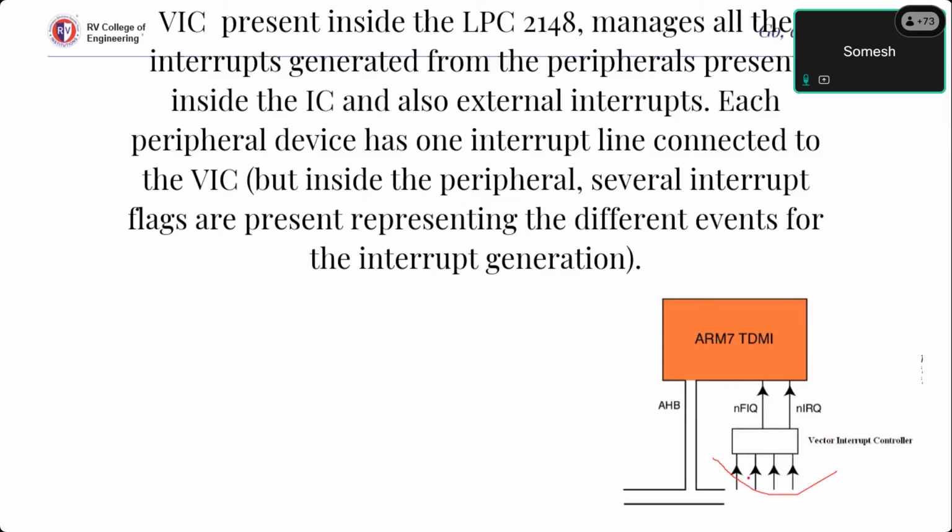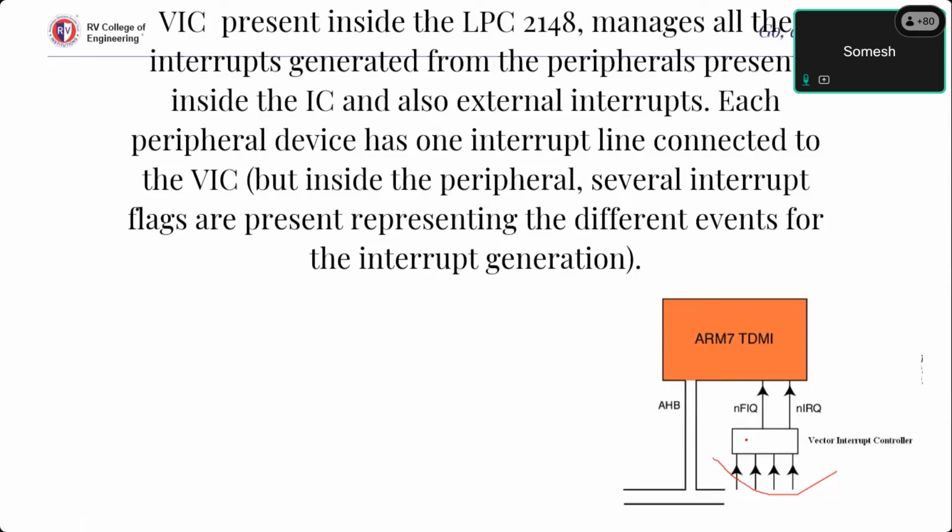What I mean is the core has only two interrupt types, IRQ and FIQ, but interrupt requests are coming from a lot of sources present inside the LPC2148 chip. Timer 0 wants an interrupt, PWM wants an interrupt, other peripherals want an interrupt. So a number of peripherals present inside the 2148 want an interrupt, but only two interrupts are available.